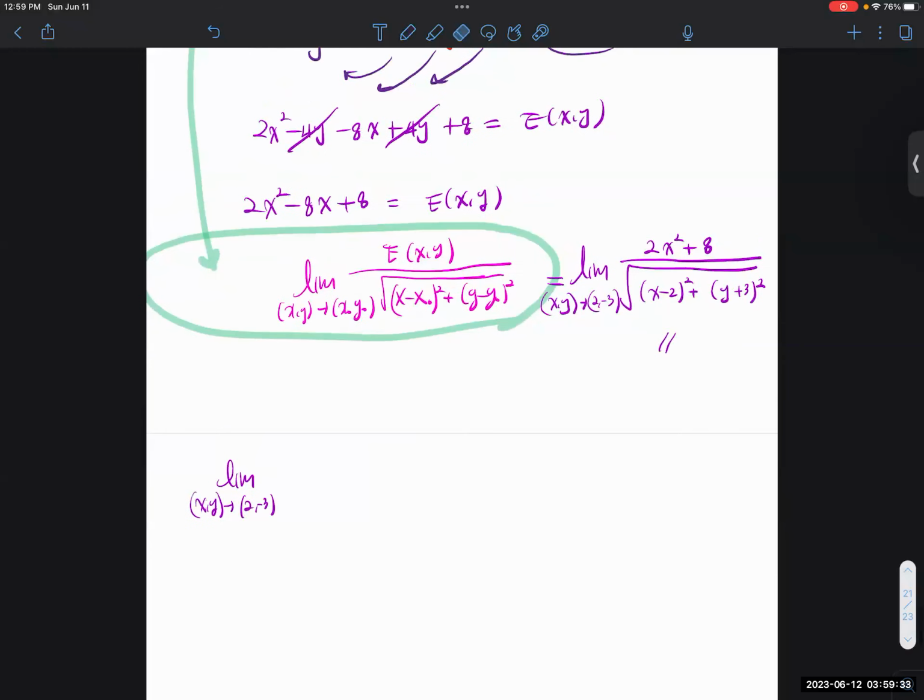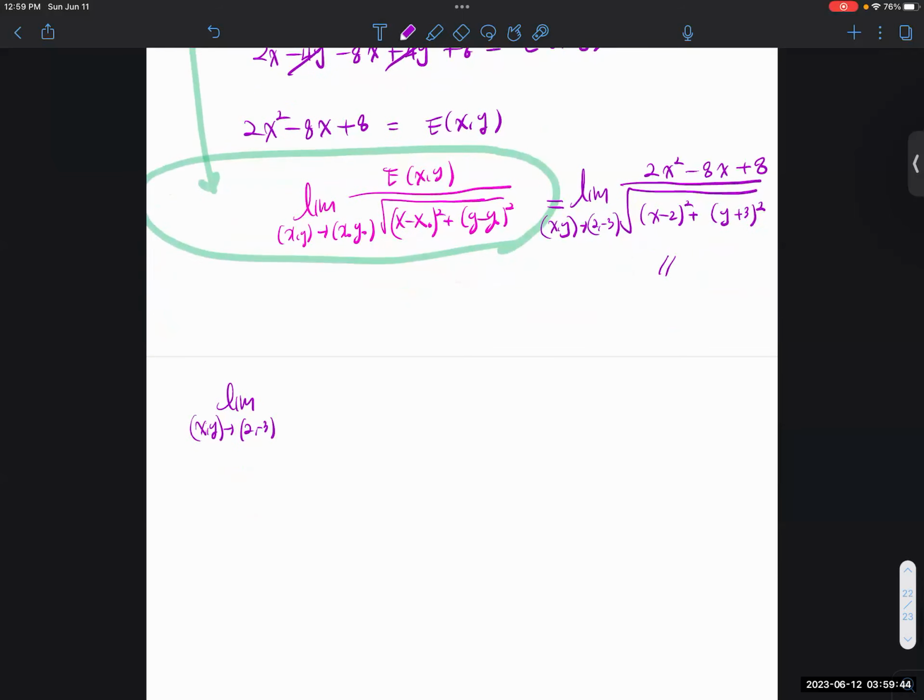So I have a little bit of a negative 8x plus 8. That was E(x, y). I'm going to factor out 2 times (x squared minus 4x plus 4) over the radical of (x minus 2) squared plus (y plus 3) squared.